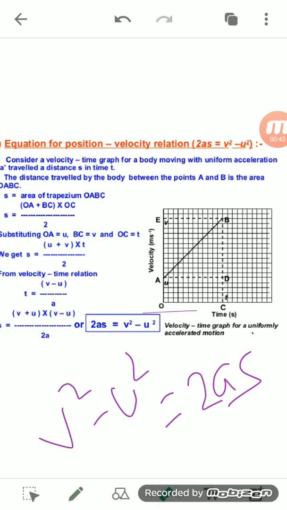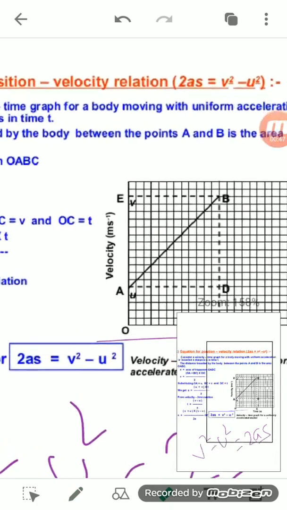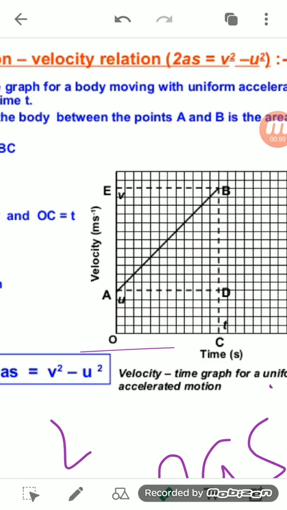Now see here, again we are considering the same velocity time graph. I'm repeating it so that you can understand that AO is the initial velocity.